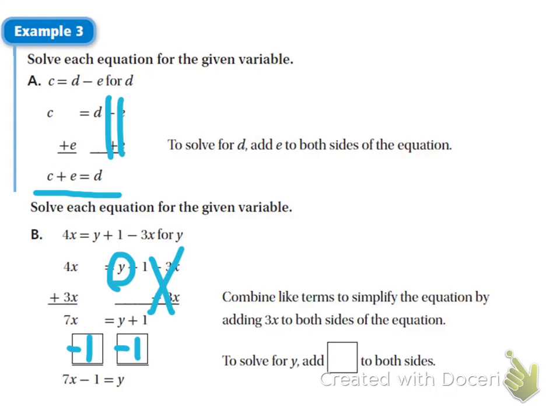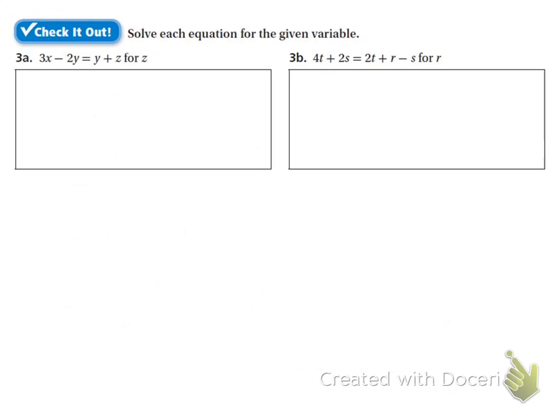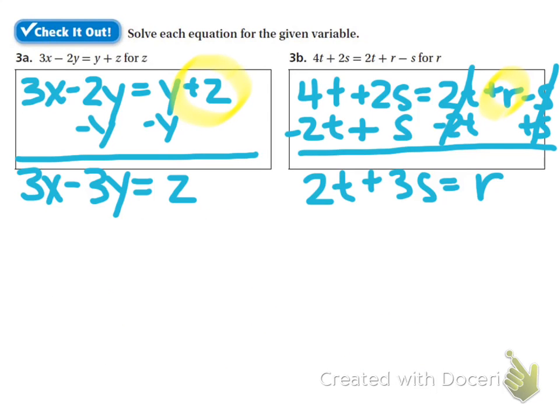And when we do that, we find that our answer is 7x minus 1 equals y. Okay, let's do Check It Out 3A and 3B on your own. Pause the video. Okay, you should have solved 3A, Check It Out, and gotten the answer 3x minus 3y equals z. And 3B, Check It Out, 2t plus 3s equals r.